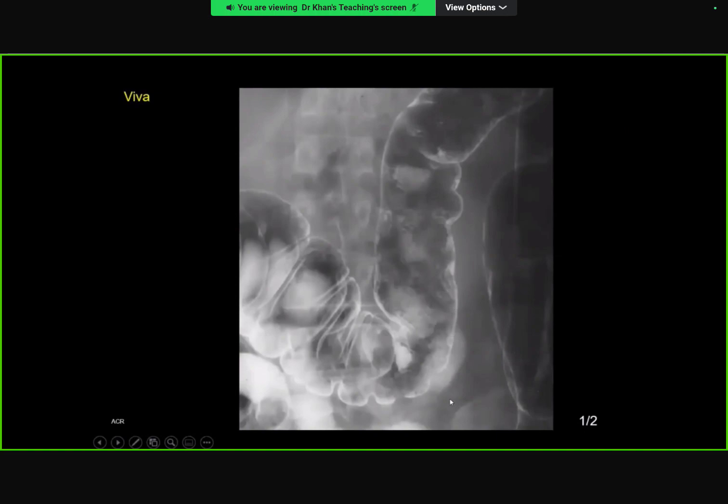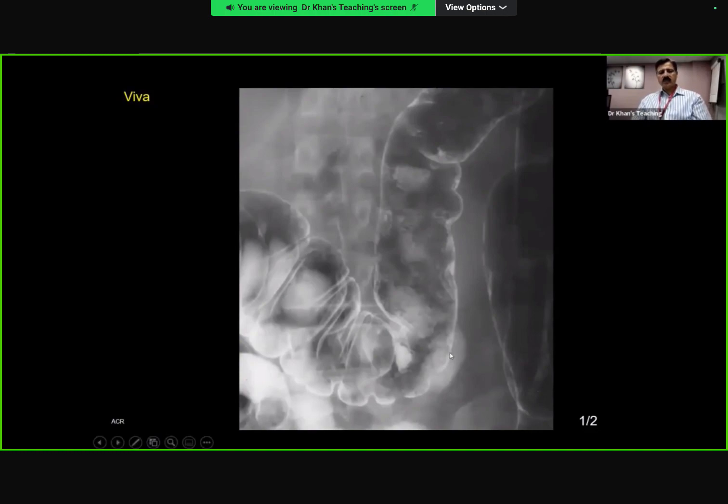So it's a spot film, barium enema spot image, which is demonstrating multiple areas of filling defect, giving the kind of appearance of rose thorn ulcers. Okay, rose thorn ulcers. That is why I'm showing you this.